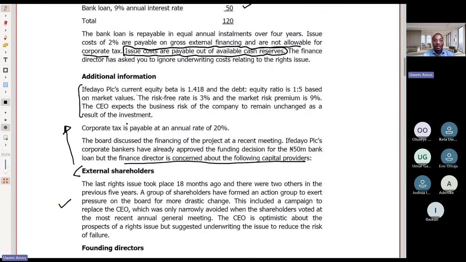It says, Ifedayo Plc equity beta is 1.416. However, for our discounting using the cost of equity ungeared, we're interested in what?